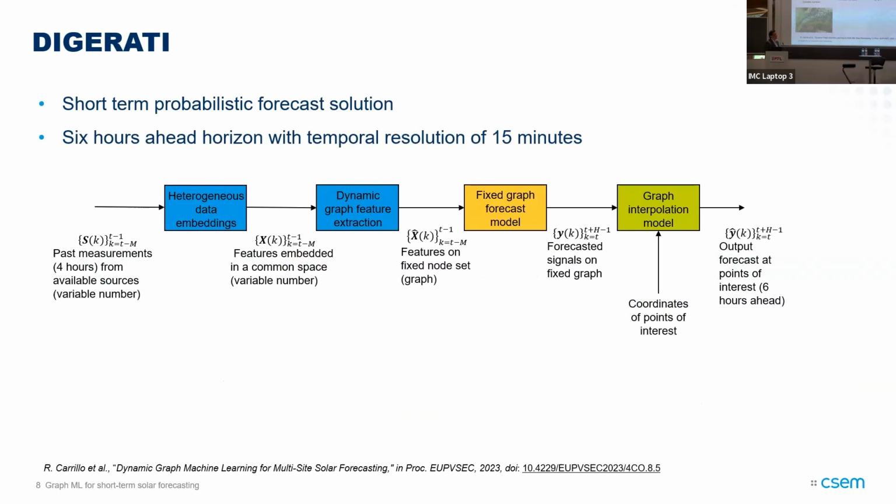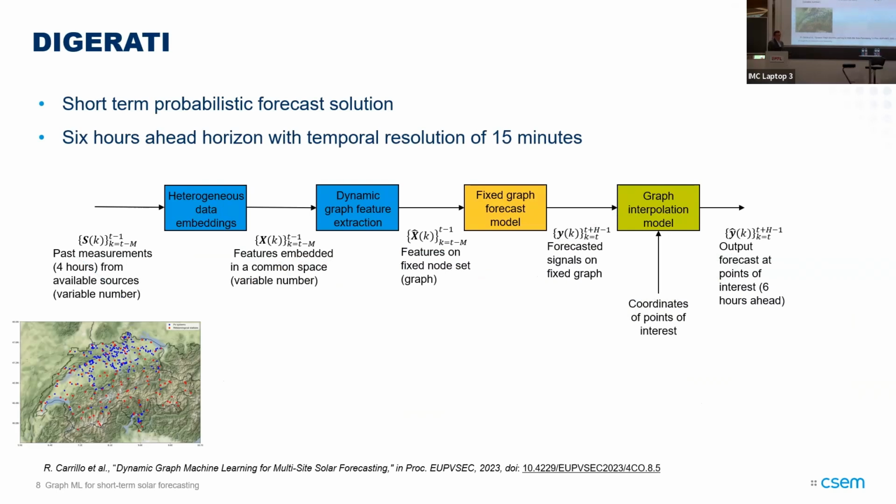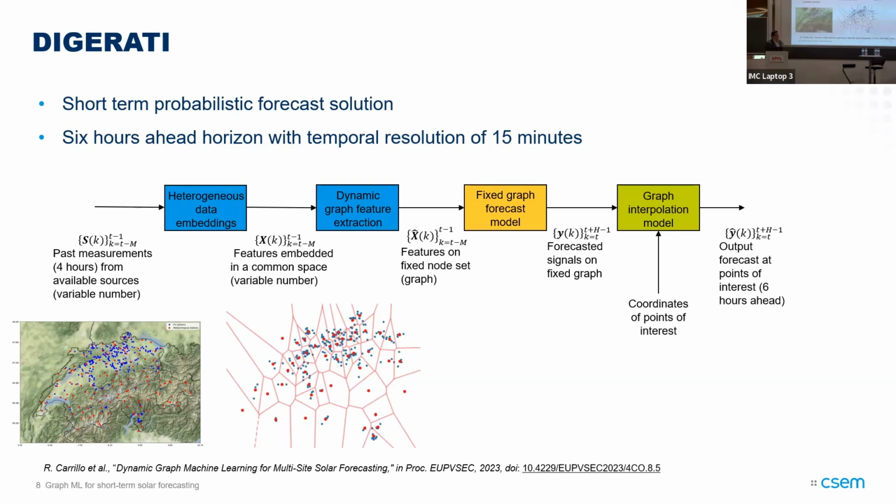The first block, the heterogeneous data embedding block, takes the data from the different sources, from the PV nodes and from the weather station nodes. And since they are measuring different data, it projects or embeds this data into a common space.